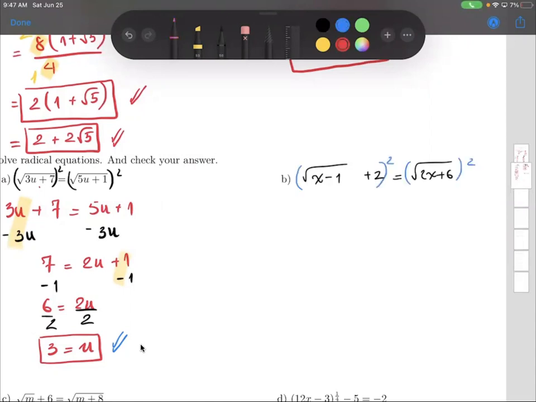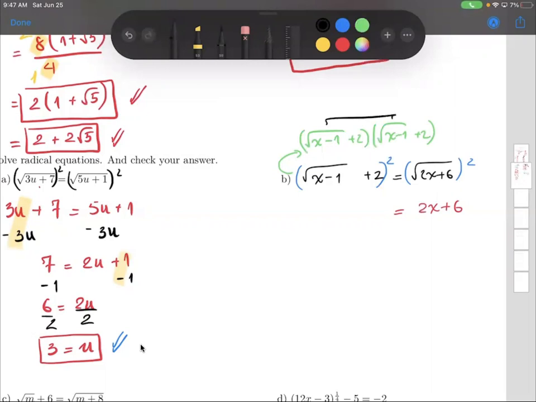The right hand side is easy, that's just 2x plus 6. The left hand side you have to pull out, right? So let me fold it up here. I have root x minus 1 plus 2 times root x minus 1 plus 2, and then FOIL it.